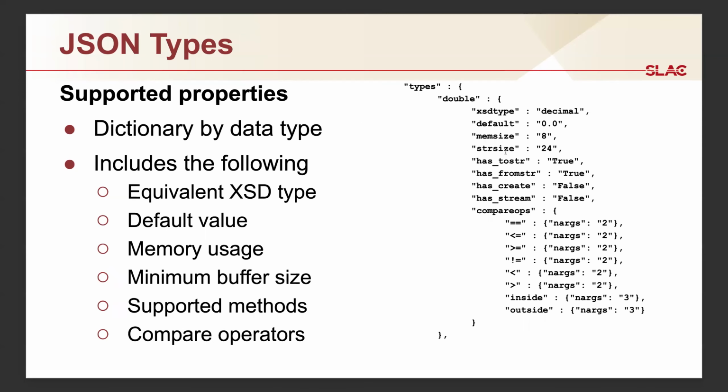The JSON types key is used to describe the properties of the various objects that are implemented, the various properties that are implemented in objects in Gridlab-D. This is useful to know how to interpret and manipulate various object types, and in particular knowing, for example, what the XSD types are, or whether there's a string converter available, and so on and so forth.